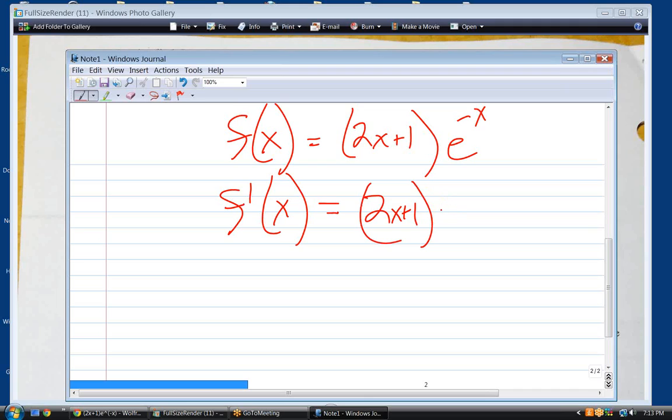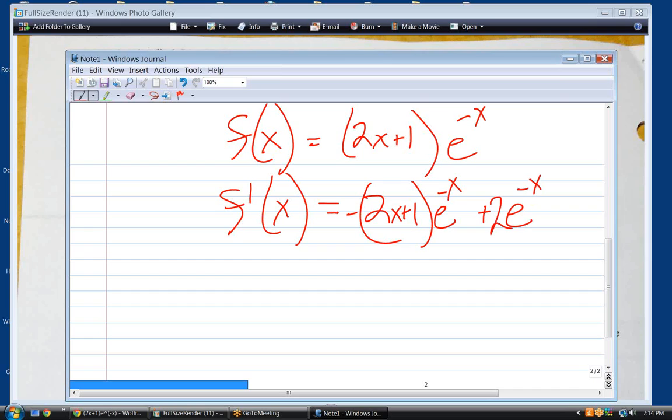Yeah. So I'm going to put a negative sign in front of that. E to the negative x, like that. Okay? Plus what? Plus e to the negative x times 2. Okay.